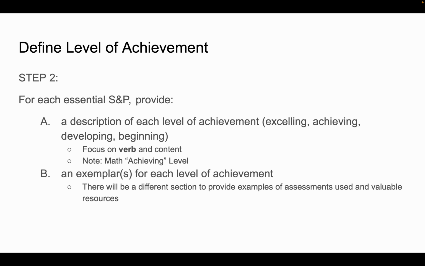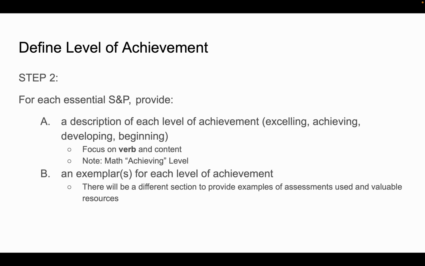Once you've done that, the next step is that for each essential skill and procedure, we want you to provide a description of each level of achievement. Now we've gone to a common scale in the PowerSchool report card across the division, so we're all using the same one. We want you to define or describe what excelling for that skill and procedure looks like.